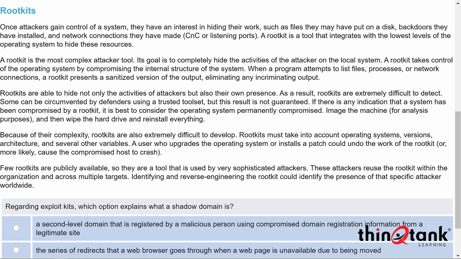Originally, rootkits were actually a collection of tools that were enabled at the administrator level, privilege level, for a computer or a network. And the root function meant that you had kind of admin access, if you will. And this was typically something that we would see in a Unix system or a Linux system.